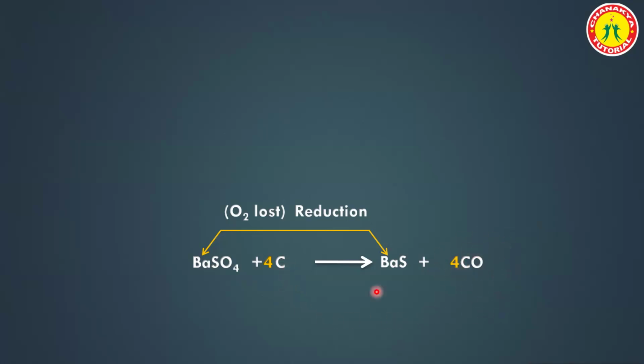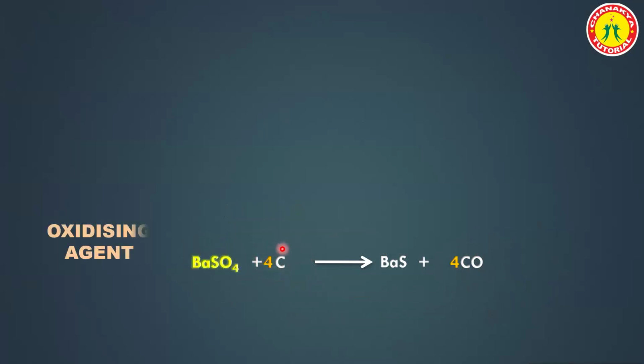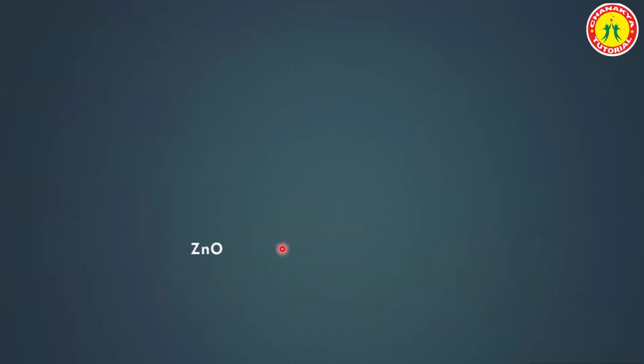That is, there is addition of oxygen, and this addition of oxygen is known as oxidation. Now the compound which loses its oxygen is called oxidizing agent, and the compound which gains this oxygen or removes the oxygen is known as reducing agent. So barium sulfate is the oxidizing agent and carbon is the reducing agent.